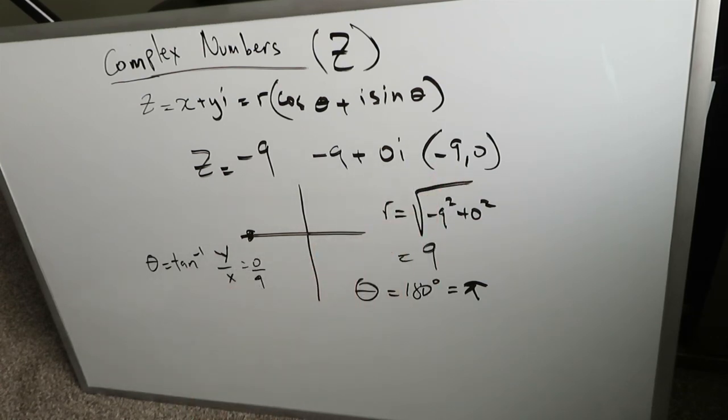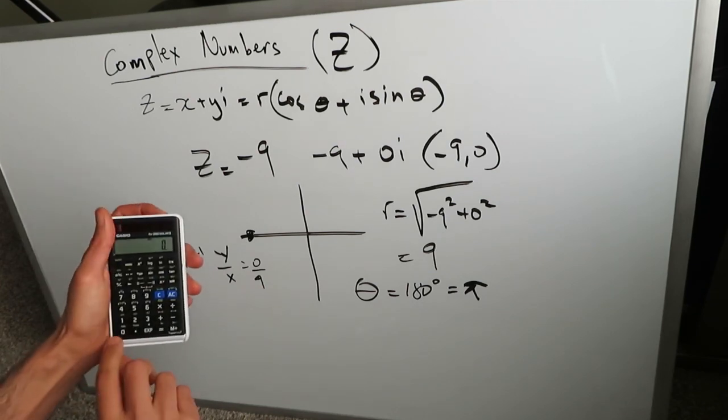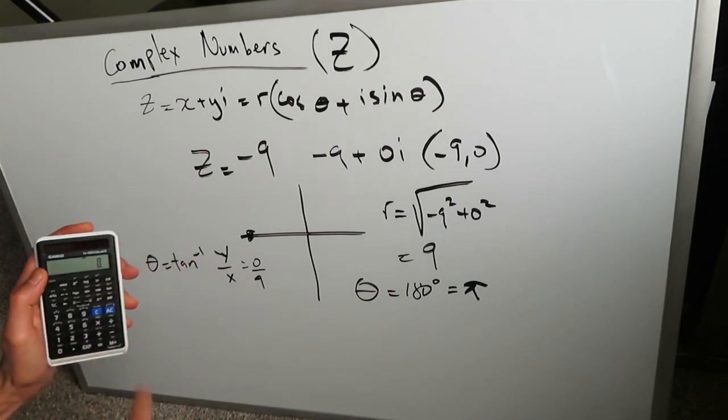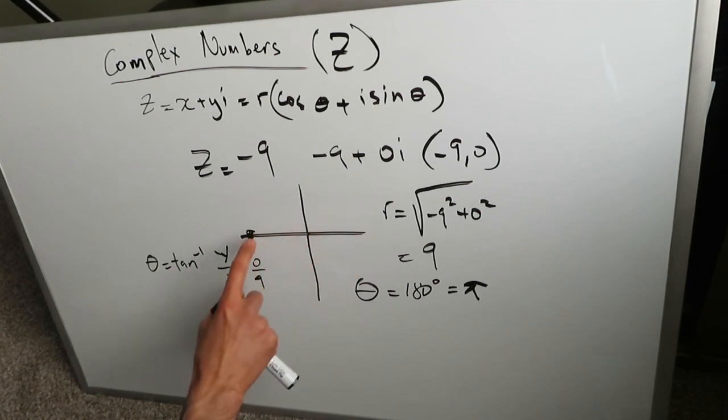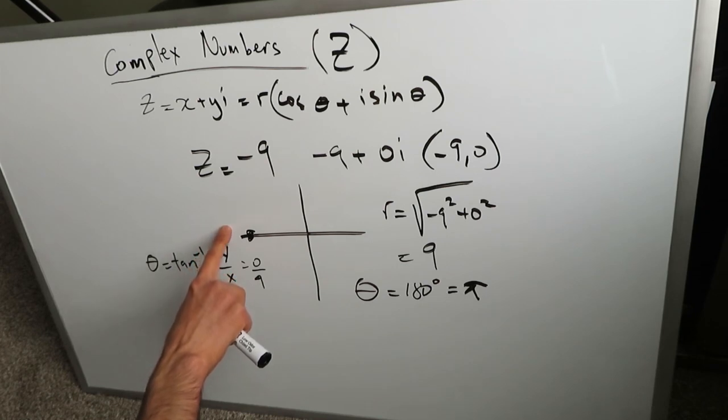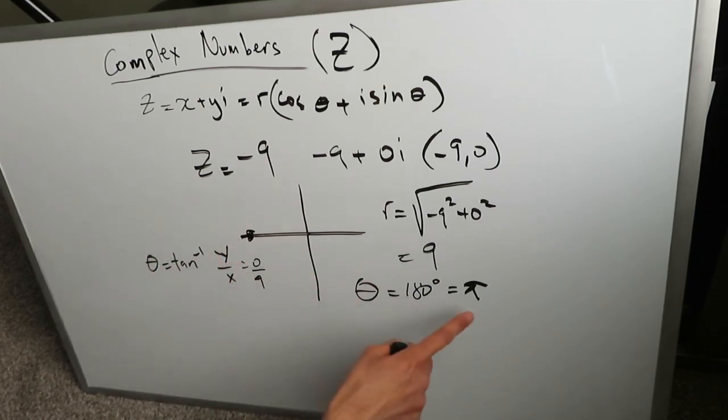And you do inverse tan of 0, you'll get 0 degrees. But you know you gotta look at the proper 0 degrees. You're either looking at 0 or you're looking at pi. And you have to pick pi simply because you're on this side of the axis. You're on this side of the quadrants. So you have to automatically go for this as your answer. Not 0 degrees but pi.